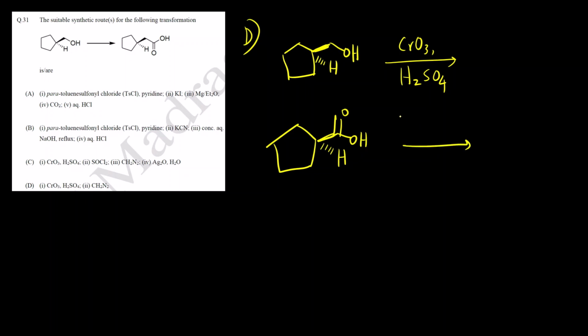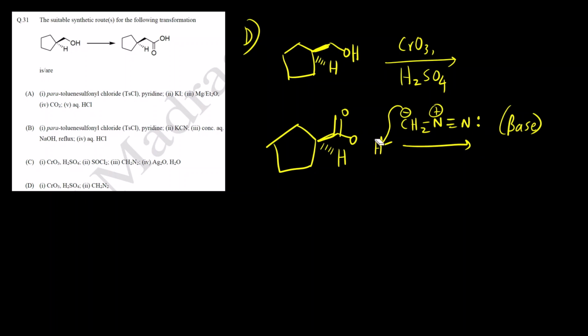And now what will happen is, we are adding diazomethane here. Okay, this is the structure of diazomethane we saw just now. Now what will happen is, this diazomethane will act as a base here. It will not act as a nucleophile, it will act as a base here. So it will abstract this acidic proton.